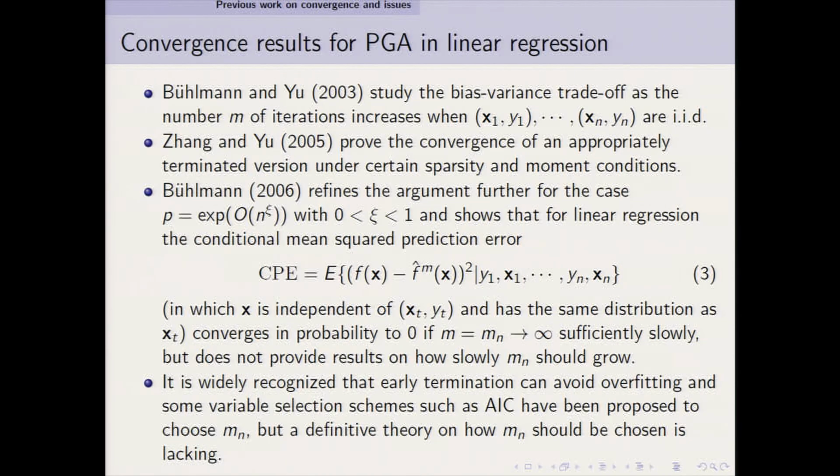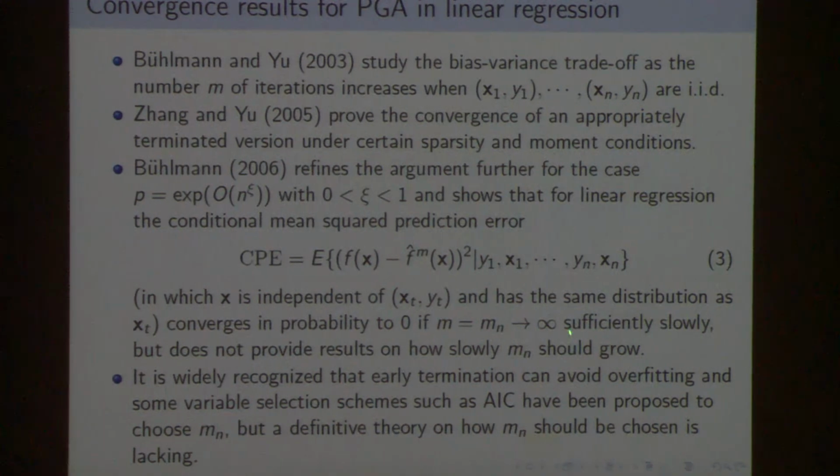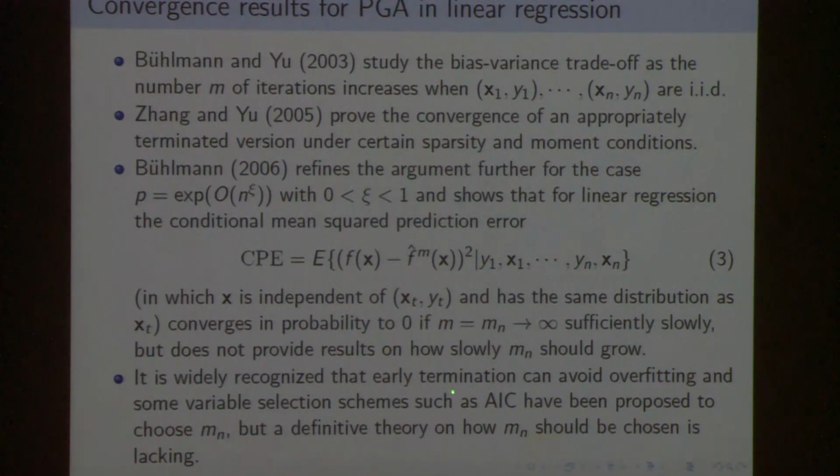With data x1 to xn, y1 to yn, you take a future x from the same distribution; they talk about the IID case. The mean square of this goes to 0 if m equals m_n grows sufficiently slowly.